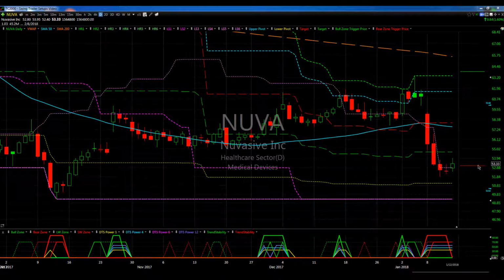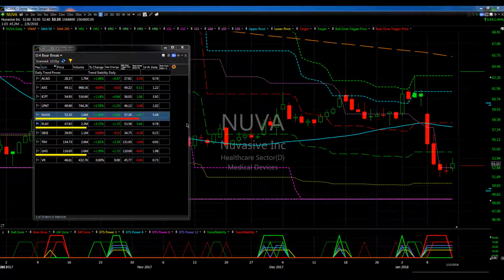So once it got back above that level is the reason this indicator at the bottom has dropped down. That's the reason you no longer have the check box out here that it's still in the bear zone. It's bounced enough now that it's come back out of the current bear zone level.